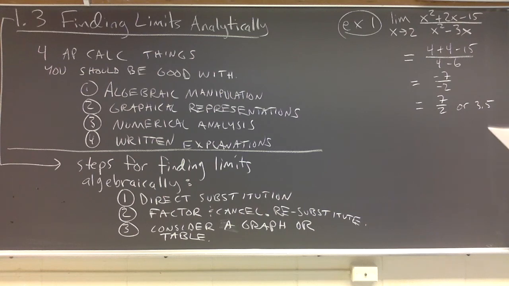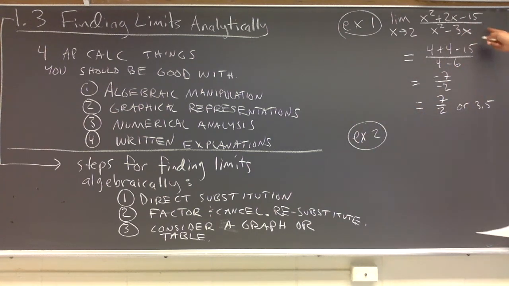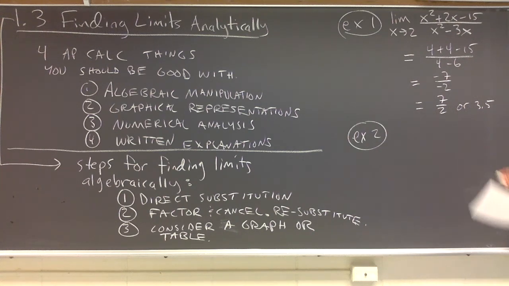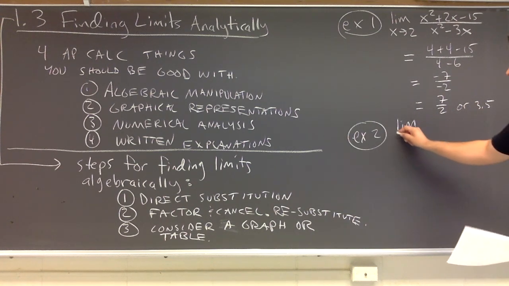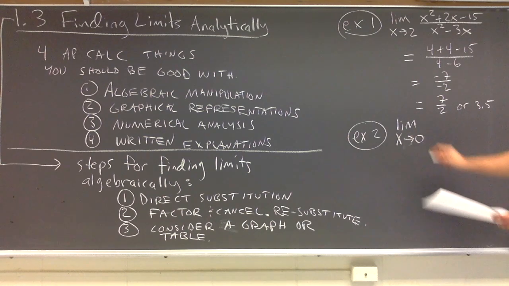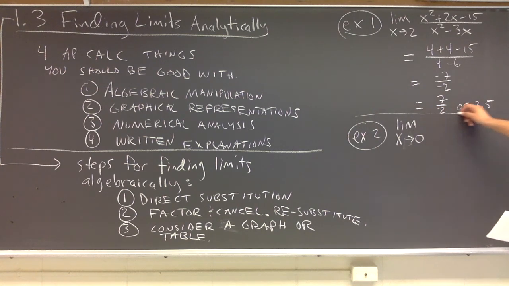Pretty easy, right? So now let's take a look at what happens if we switch things up a little bit. Same problem, but we're just going to explore what happens at different x values. So let's change it to the limit as x approaches 0 now for the same equation, x squared plus 2x minus 15 all over x squared minus 3x.